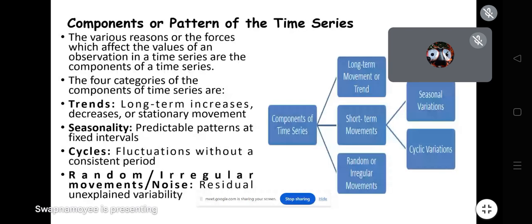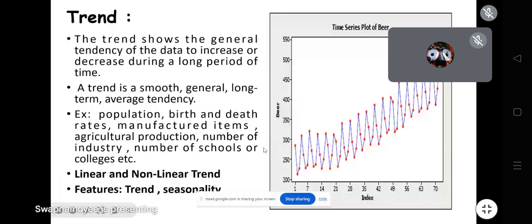Coming to trend, it's better to take you to this picture. Now you see the trend element here. This is a graph I've taken from the net itself, the plot of beer sales. What you can see here is the pattern of this demand is increasing over the years.